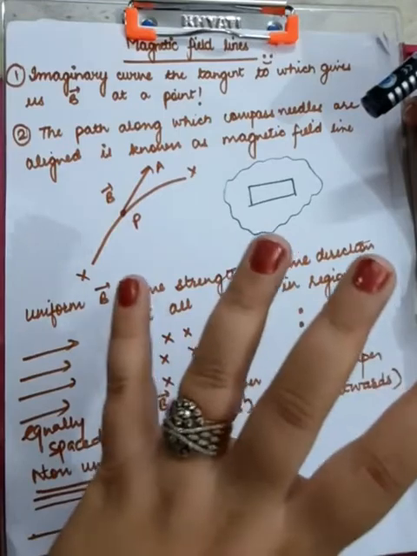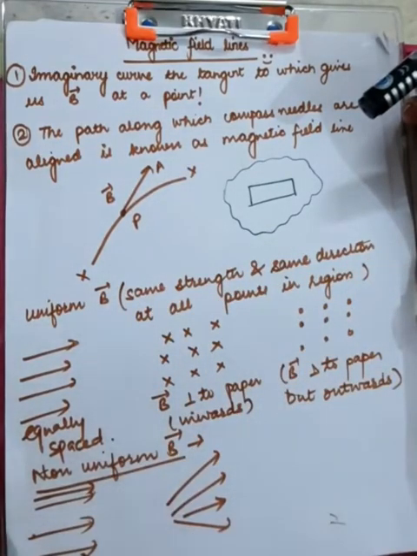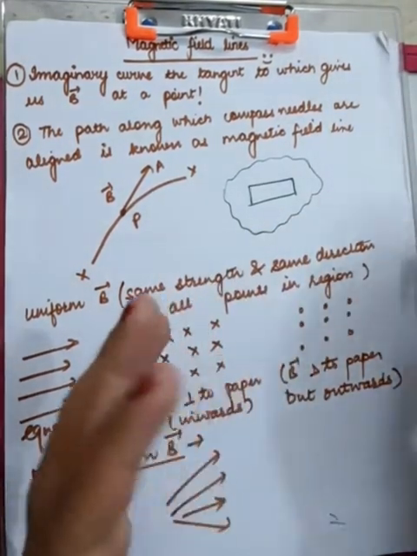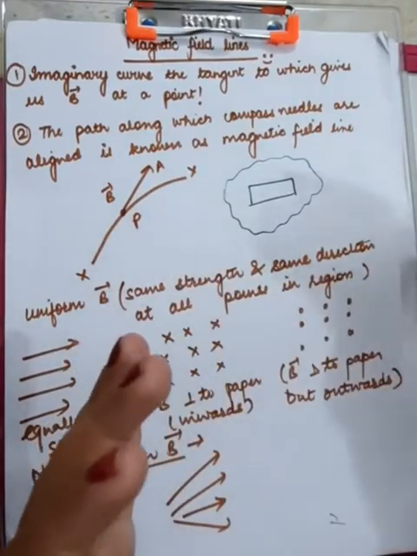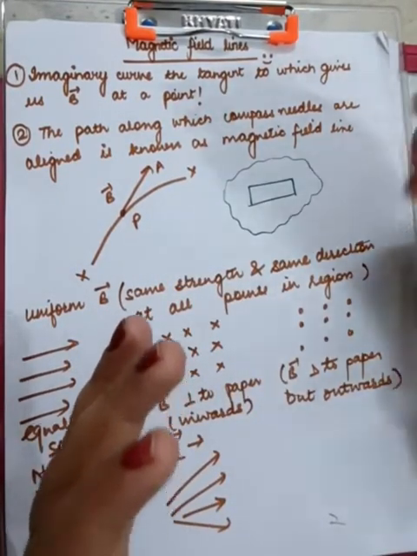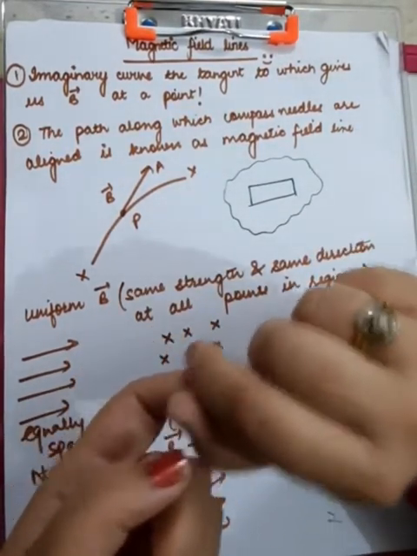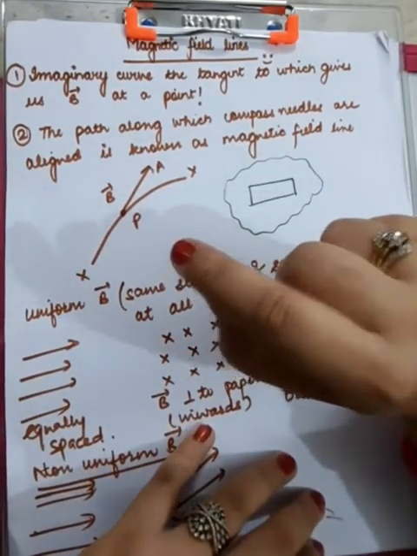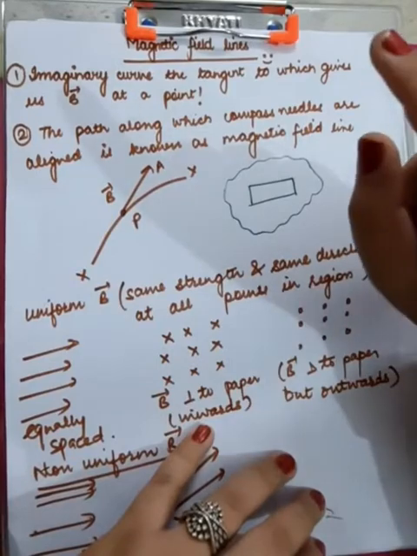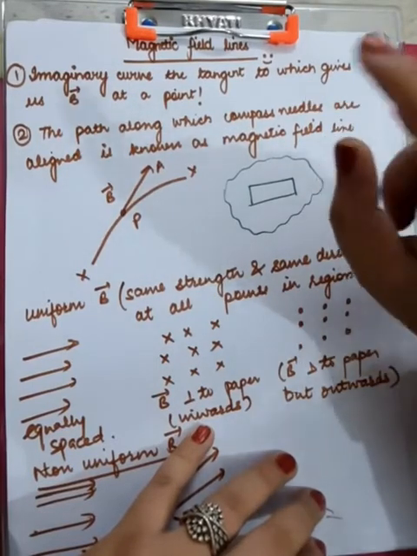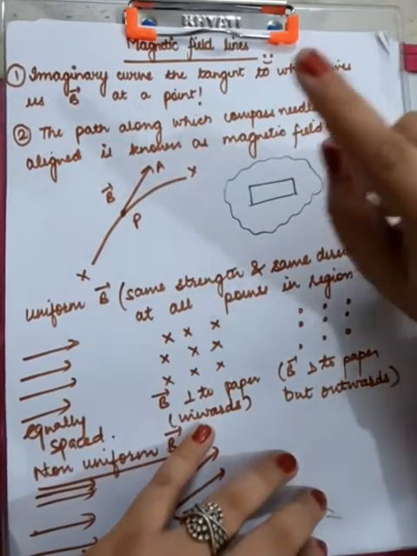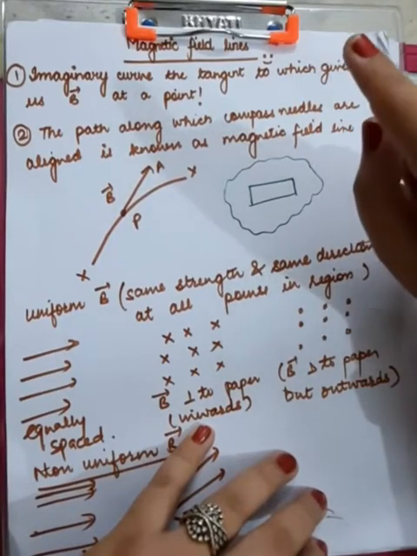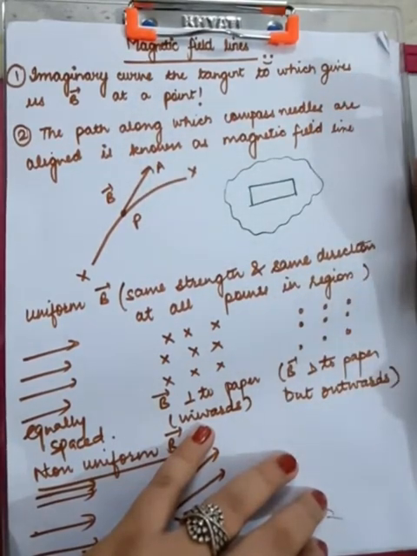Basically they are just imaginary curves which tell us the flow of magnetic force, right? So if you draw the tangent to any point on a magnetic field line, that tangent will give you the instantaneous direction of the magnetic field at that point.